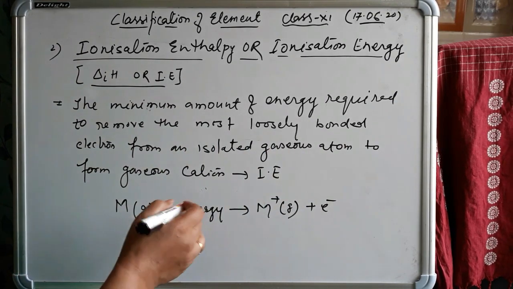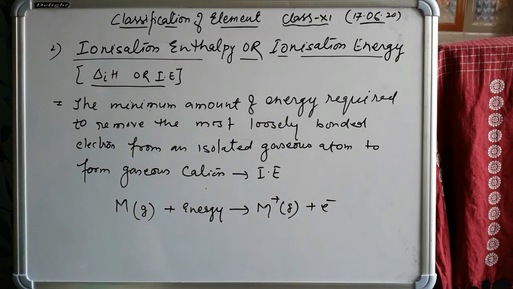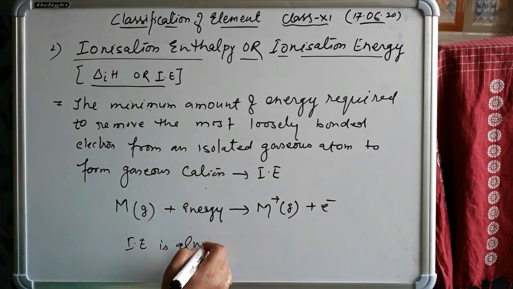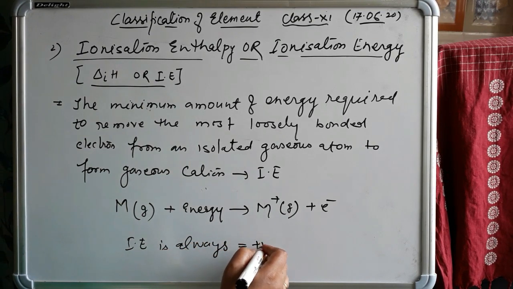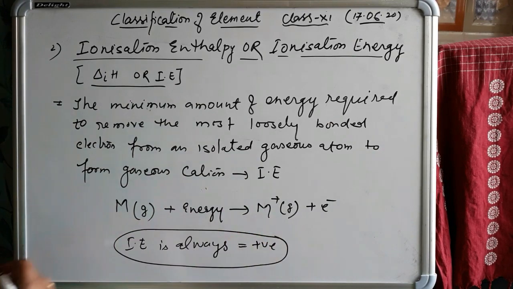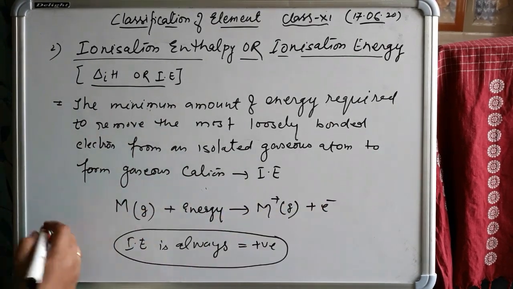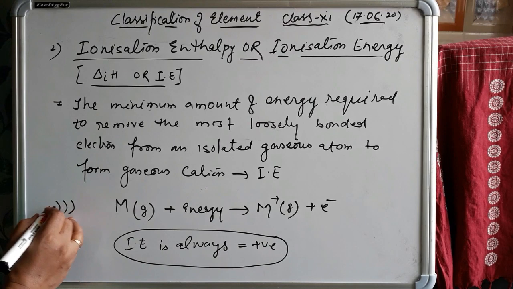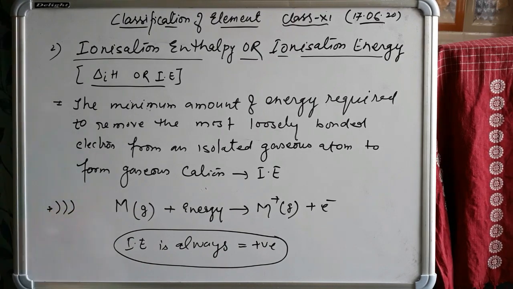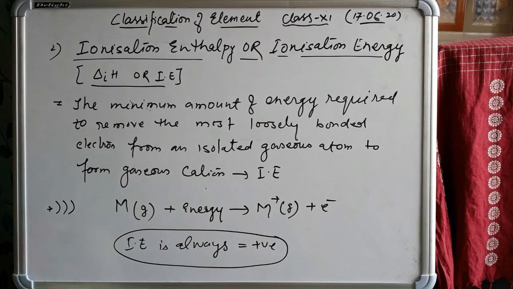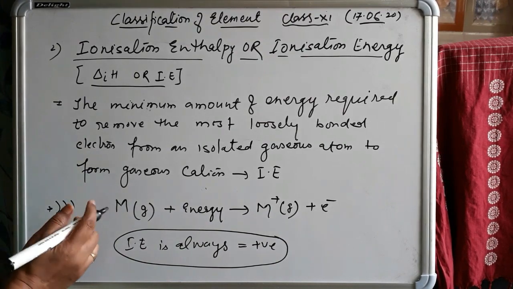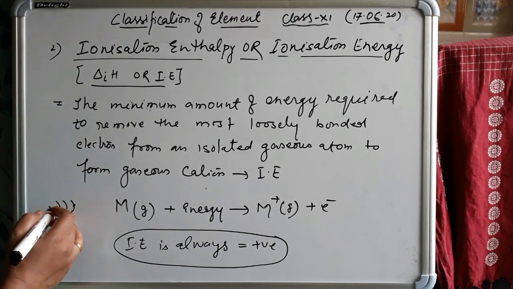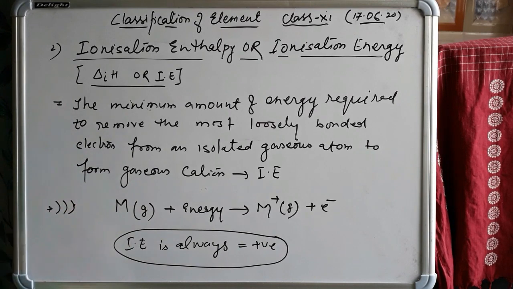Since energy is always required to remove an electron from an atom, the ionization energy is always positive, because the nucleus and the different energy shells in which electrons are bonded have a strong electrostatic force of attraction. So energy is given to remove the most loosely bonded electron.